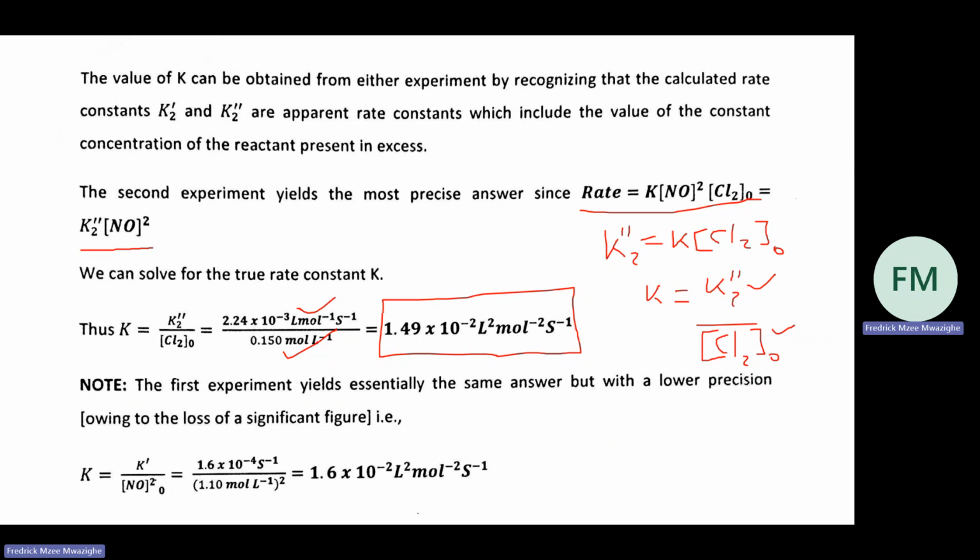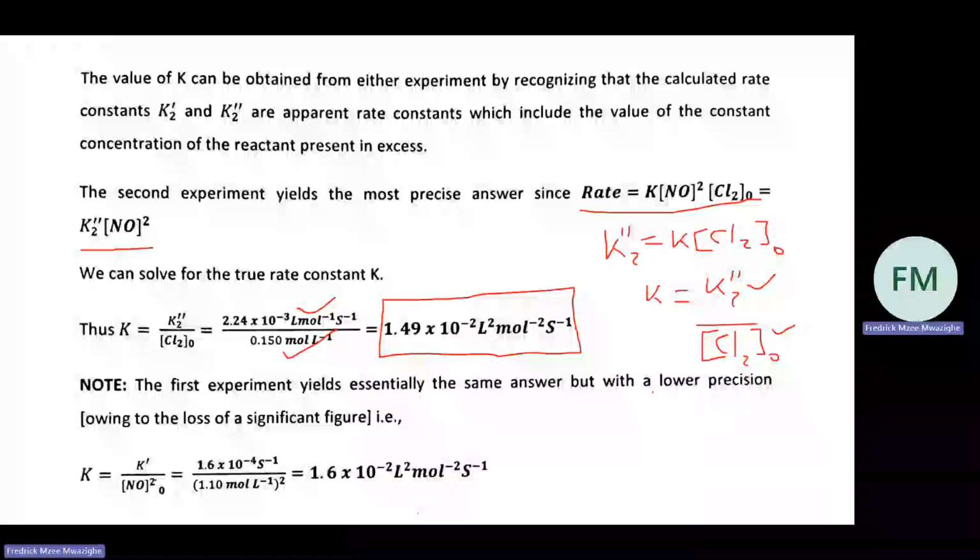We could also use the first experiment, of course, to determine the value of the rate constant K. Although it has to be pointed out that the two values of K prime that we found were not exactly the same, but they are close enough.